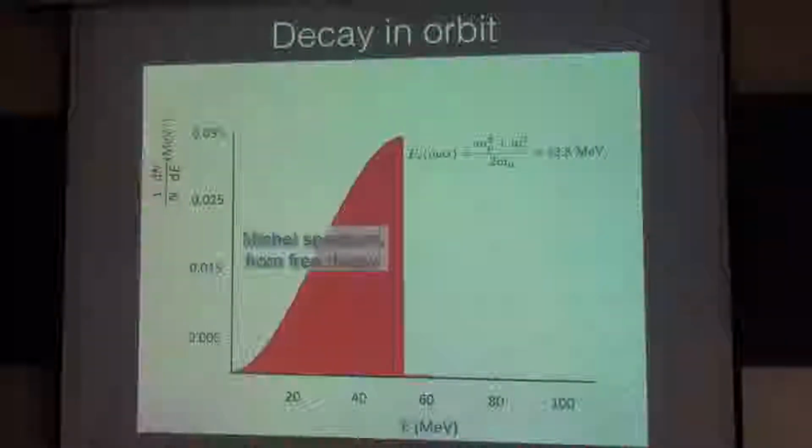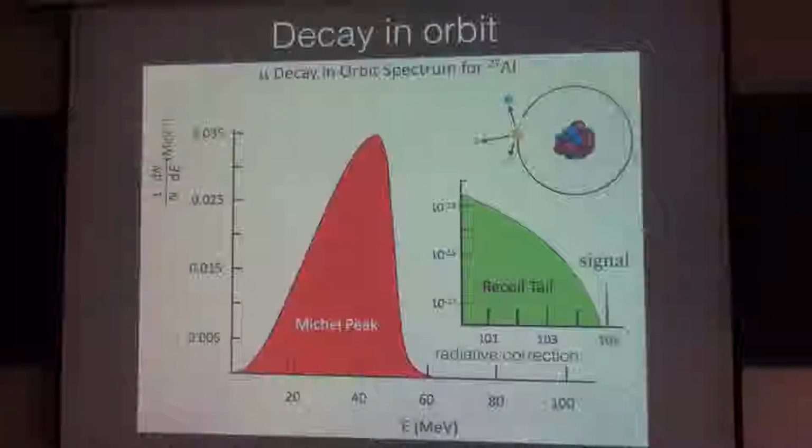About decay: if the muon decays in vacuum, the electron spectrum would go like this. It's called the Michel spectrum, and it has a cutoff at about half the muon mass. However, when this happens in orbit, there is an electromagnetic interaction with the nucleus.